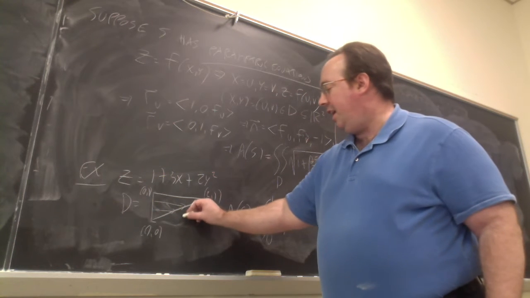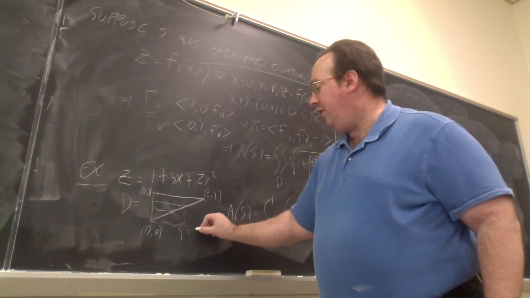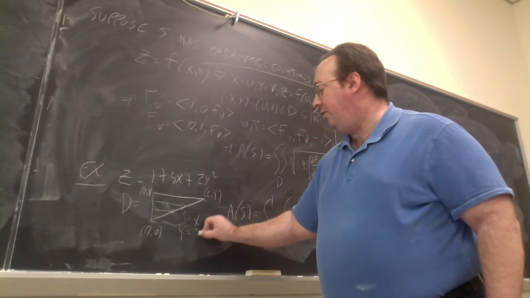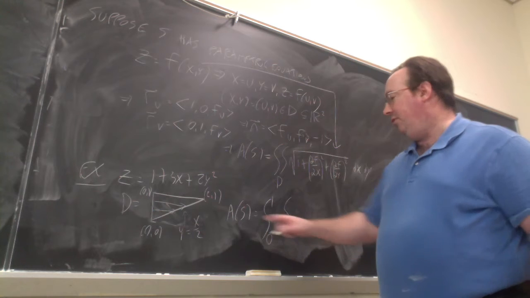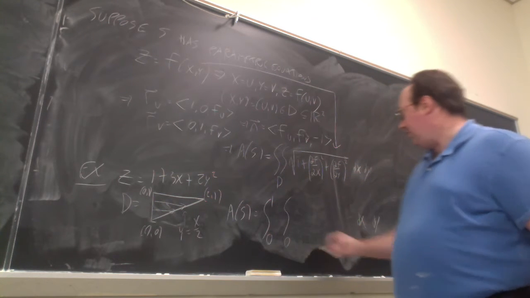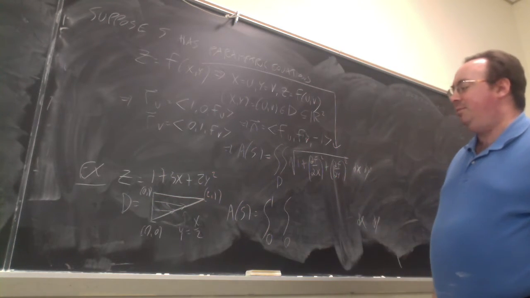Now this is the line y equals x over 2, but I need x as a function of y. So 0 is my lower limit in x. What should my upper limit be?